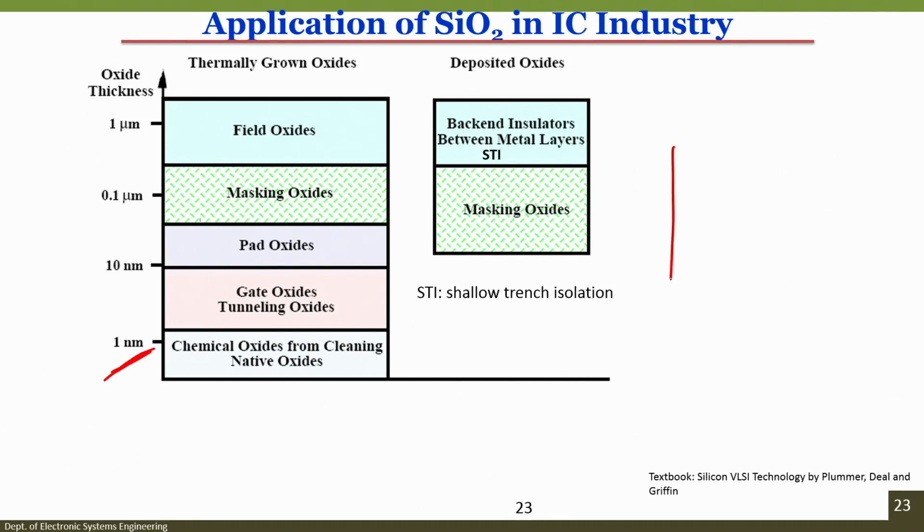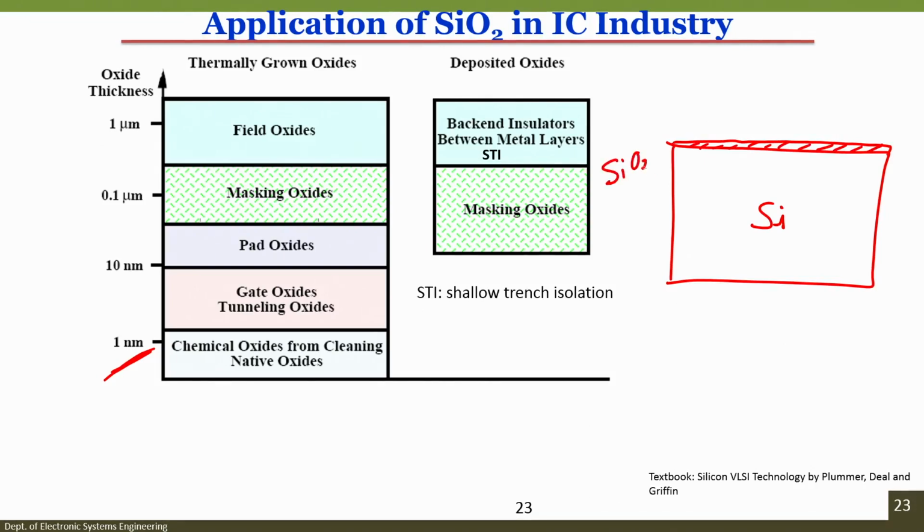Whenever you take a silicon wafer and it is in contact with the environment, it develops a thin layer of silicon dioxide. This silicon dioxide is not useful, we do not require it.